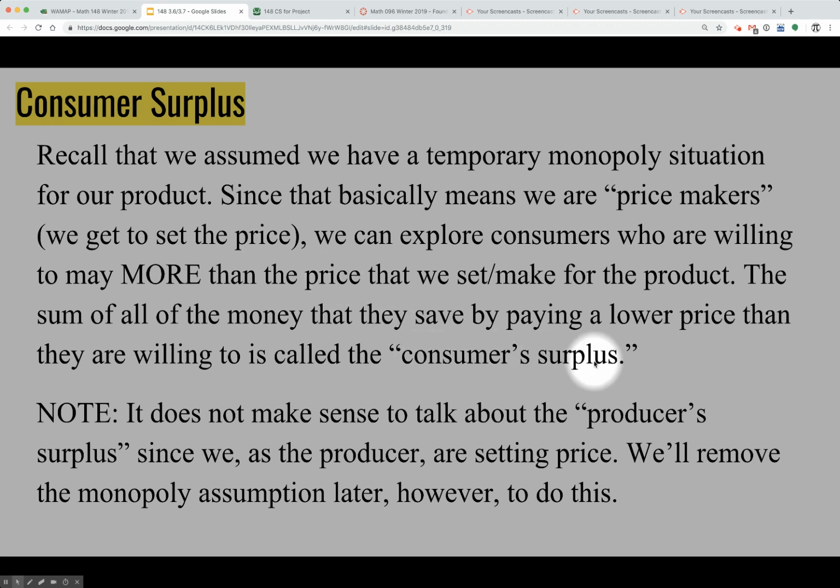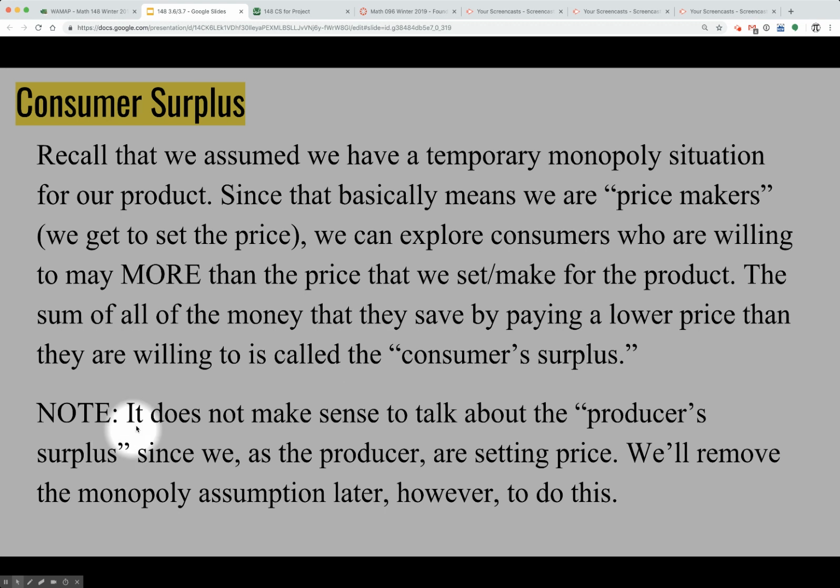And the idea behind the consumer surplus is to take the sum of all the money that consumers would save if they're willing to pay more, but only end up having to pay the lower price that we set. And we'll go into this in more detail in a moment, but that's the general idea. Now, note for a moment that there's also a concept called the producer surplus.